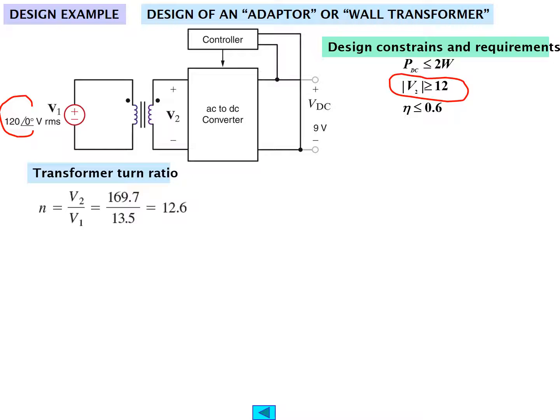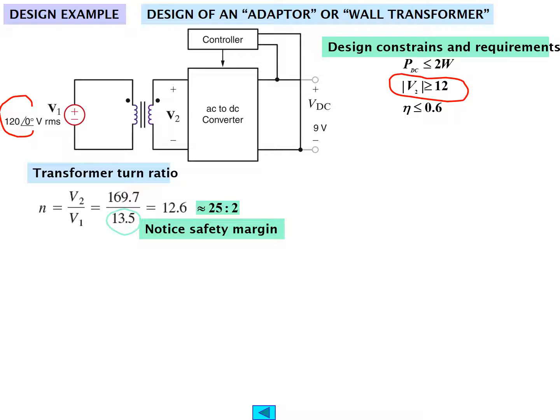The transformer turns ratio we can analyze. We'll just come in and put some safety numbers in here for the different voltages, and that equation is actually wrong. It's V1 over V2, but we get the transformer turns ratio is about 12.6 as a result.